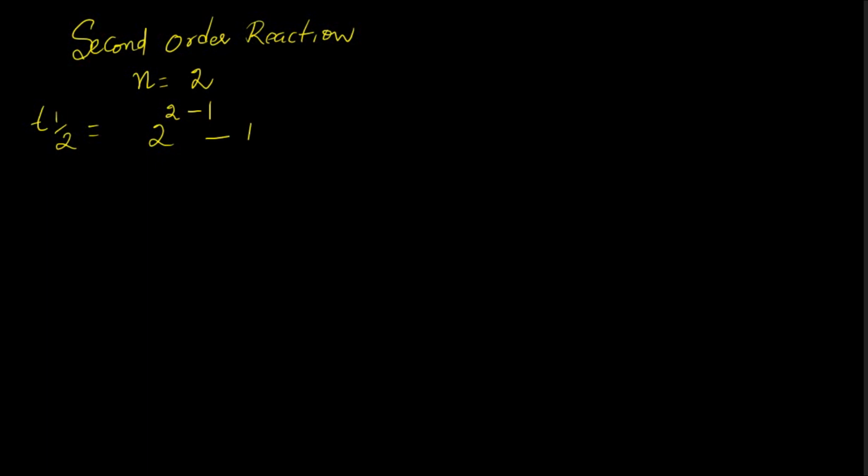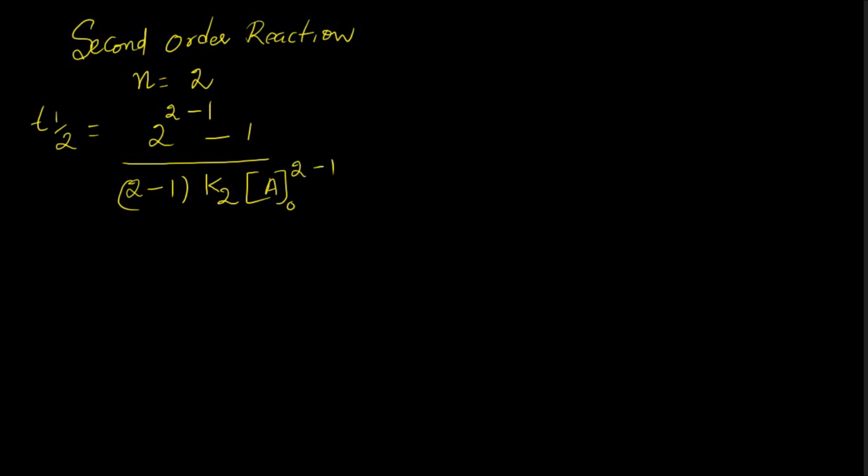Next, second order reaction, so n equals 2. What is the relation? T half equals 2 power n minus 1 minus 1 by (n minus 1) k_n a naught power n minus 1.